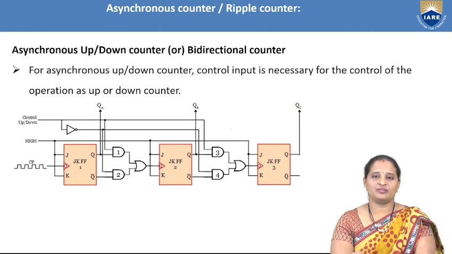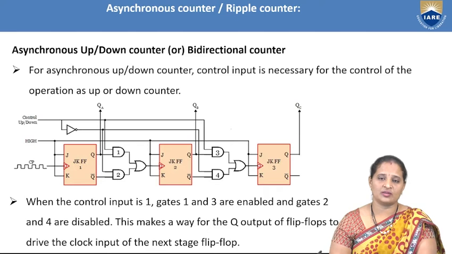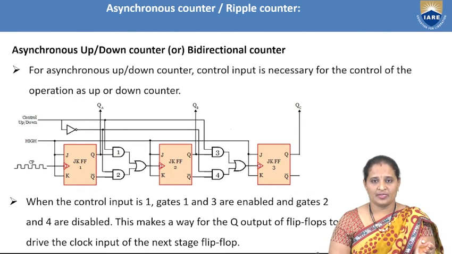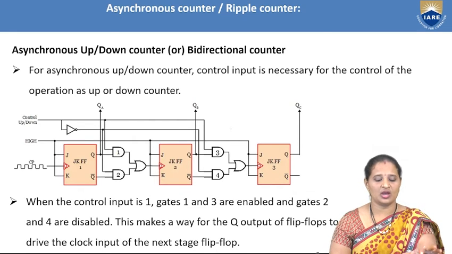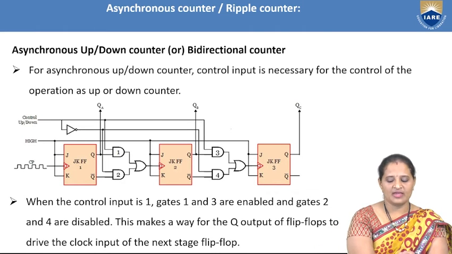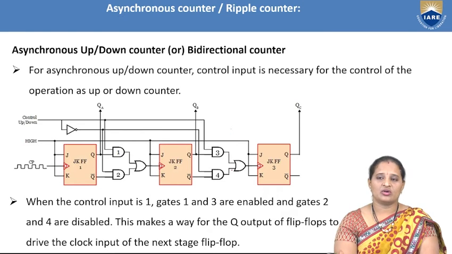This control input is used mainly to decide whether to operate in the incremental mode or the decremental mode, or in other words, to make this counter work as an up counter or down counter. If the control input is 1, then it operates as an up counter. If the control input is 0, then it operates as a down counter. That is the major purpose of this input.